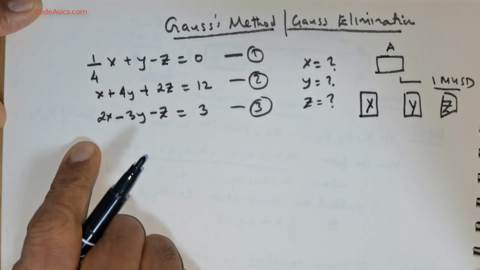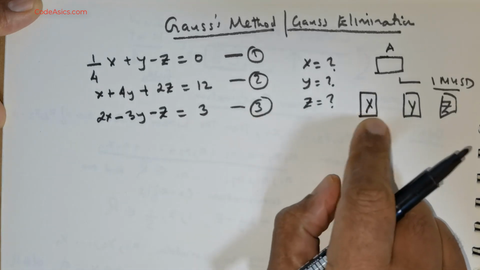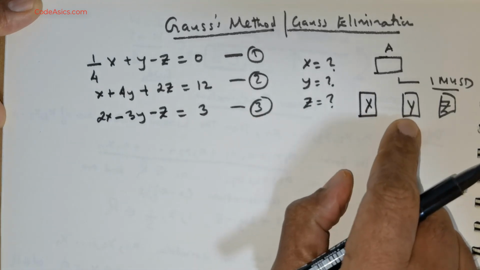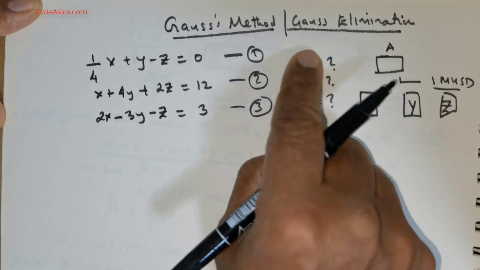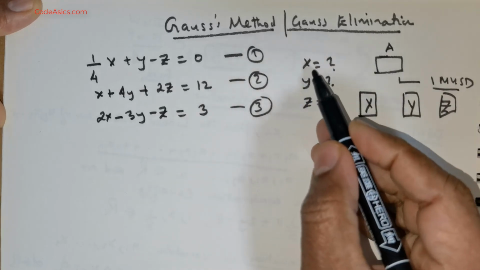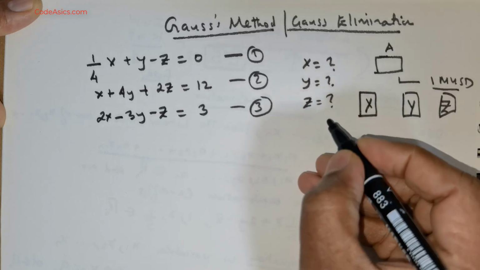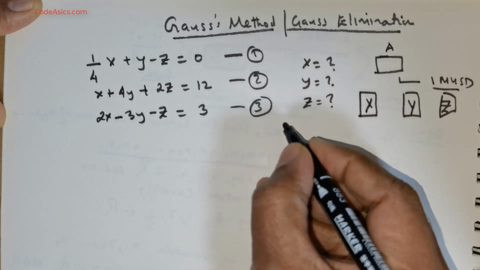So there are different values given to the same x, and that goes for y, and it is also the case for z.